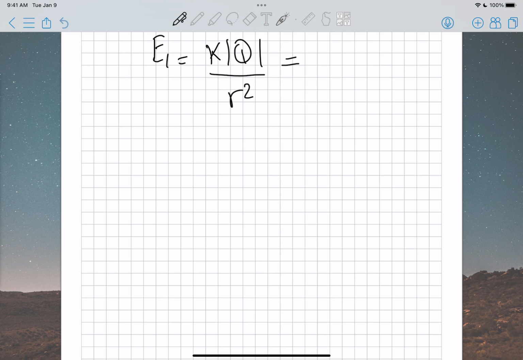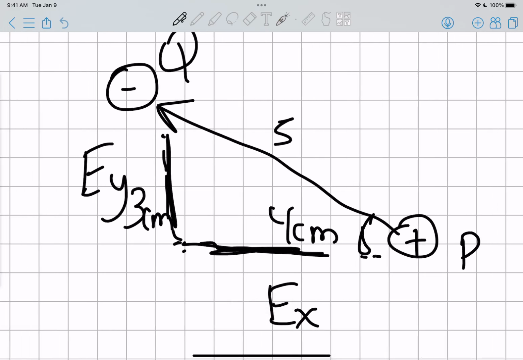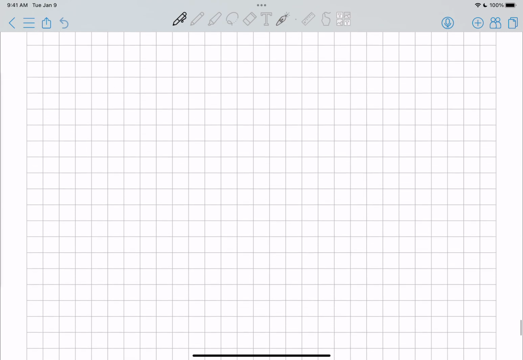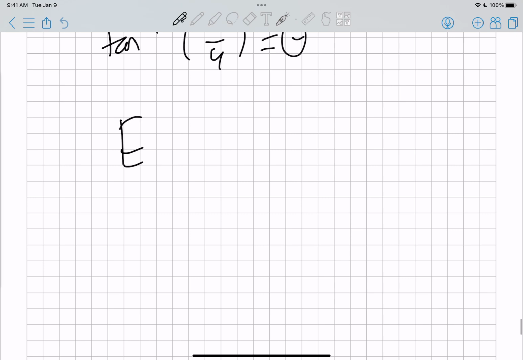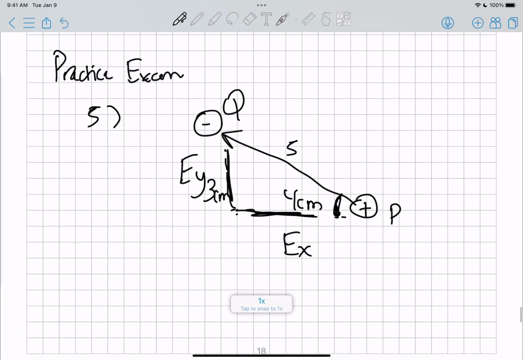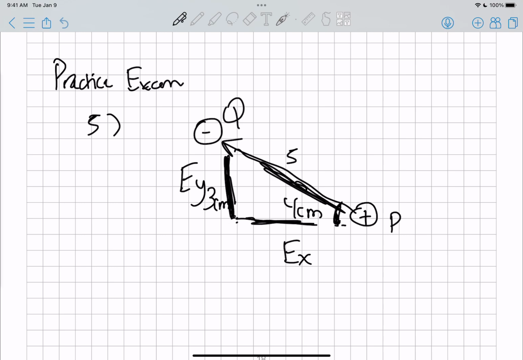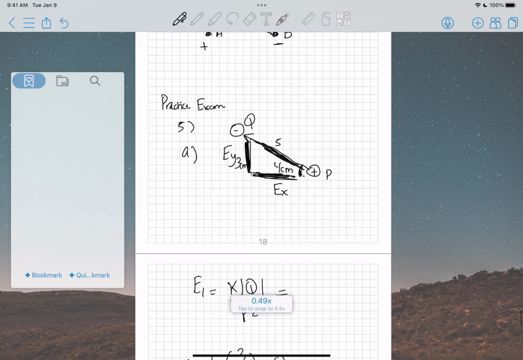So we take the inverse tangent of the two distances, right? So we take inverse tangent of 3 over 4 to get this angle theta. And then we do E cosine theta, for example, to get Ex, and then E sine theta to get Ey, right? So opposite over hypotenuse, that's your sine, and that gives you Ey, and adjacent over hypotenuse, that's your cosine, and that gives you your Ex. So that's part A, right?